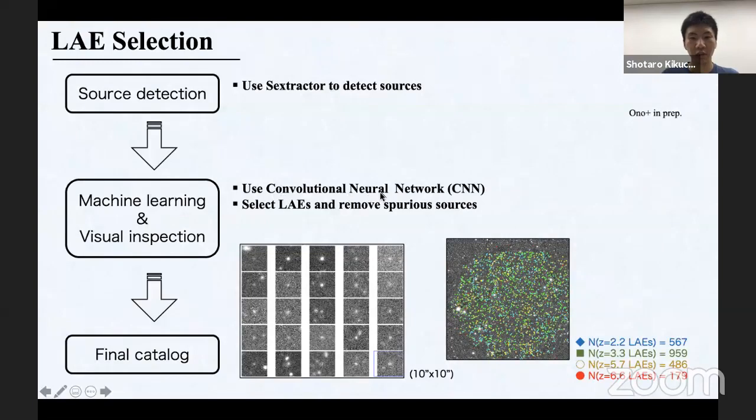They use a convolutional neural network to classify real Lyman-alpha emitters and remove spurious sources, and they finally constructed the final catalog. These two figures show the snapshots and the positional distributions of the selected Lyman-alpha emitters. The number of finally selected Lyman-alpha emitters is listed here, in total as many as 2,000 Lyman-alpha emitters.